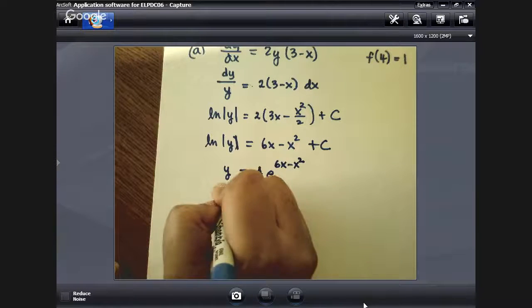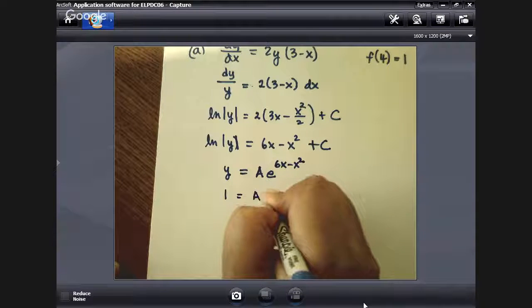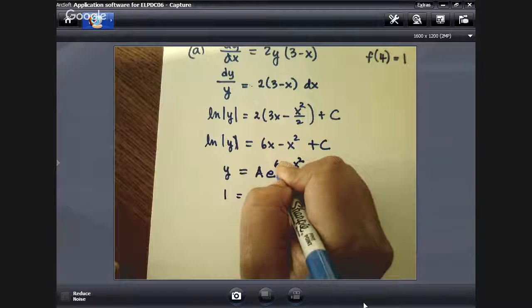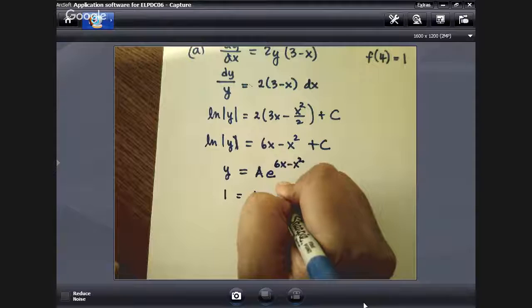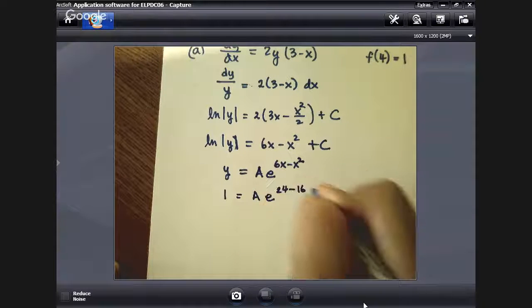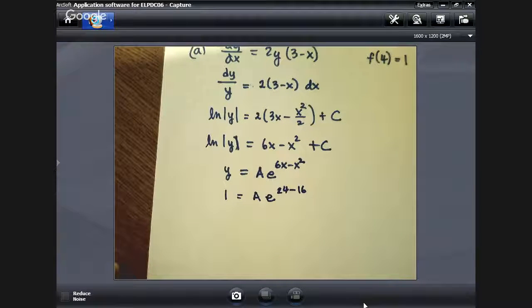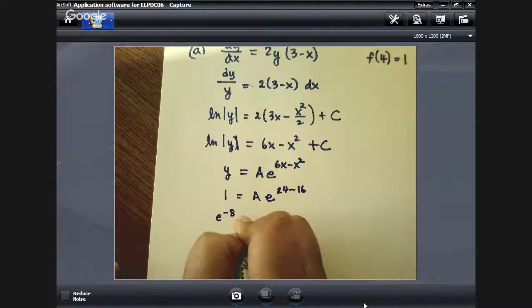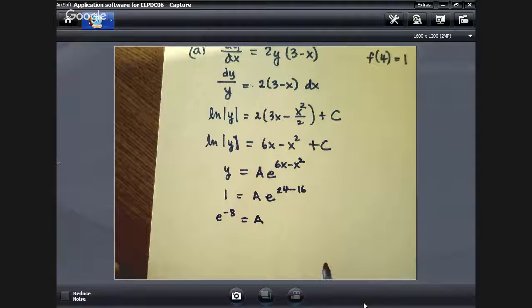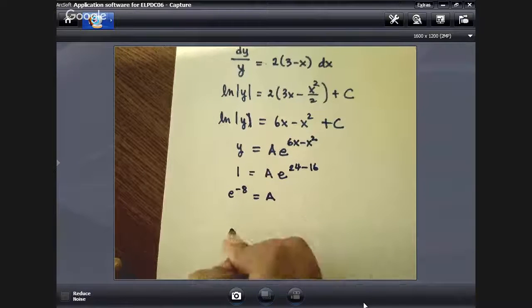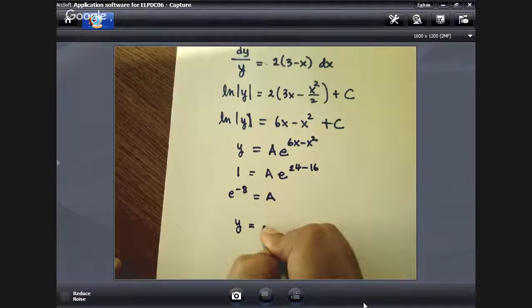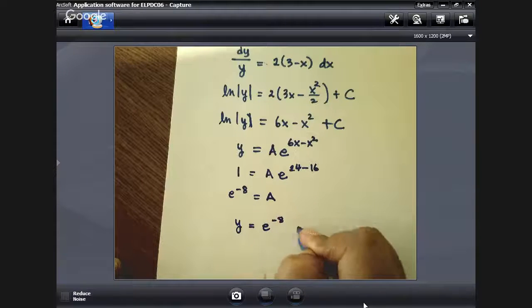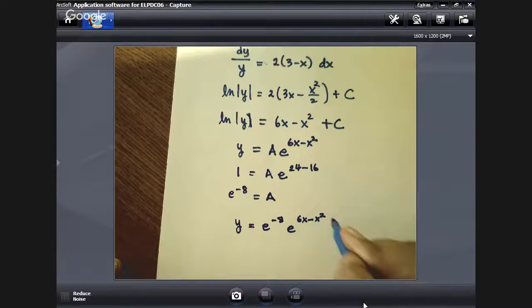So y is 1 when a times e to the 24 minus 16. So 24 minus 16 is 8. So e to the minus 8 is equal to a. And therefore my equation is y equals e to the minus 8 times e to the 6x minus x squared.